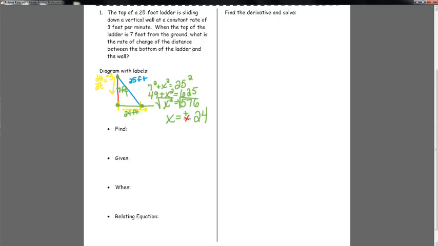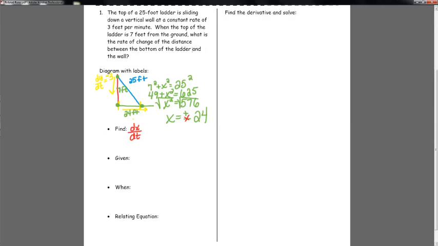I look at my question, and it's asking me, when the top of the ladder is 7 feet from the ground, what is the rate of change of the distance between the bottom of the ladder and the wall? So it's asking me to find dx dt. What's the rate of change horizontally? That's dx dt. I'm to find dx dt. They gave me some information.